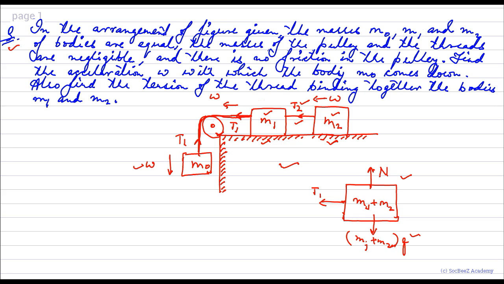This combined mass moves with the same acceleration as the individual masses m1 and m2. So if I write down the force equation for this FBD along the x-axis, I'll write T1 equals (m1 plus m2) into W. Let's say this is my equation 1.